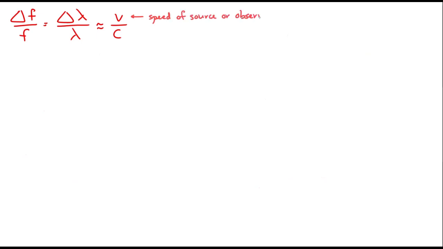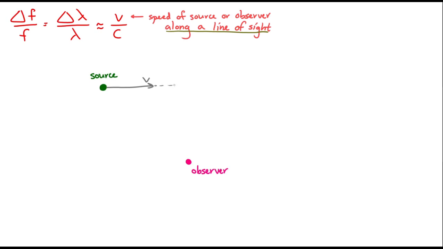The other thing to consider in this is v right there. So v is either the speed of the source or the speed of the observer, except it's not quite that simple. v here is actually the speed of the object along your line of sight. So let me draw a little diagram here. Let's say that I have a moving source and I'm an observer. And the moving source isn't moving directly toward me or directly away from me. It's moving kind of off like that.